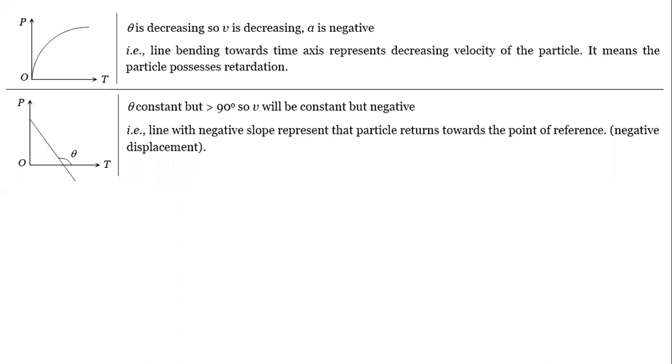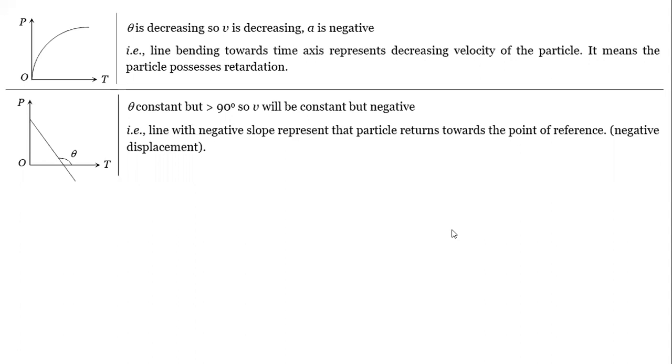It is actually retarding. In the second graph, the slope is constant, the angle is constant, but the angle is more than 90. If the angle is more than 90, then the tan value is negative, which means velocity will be negative. Okay, sir. Thank you. Yeah, welcome.